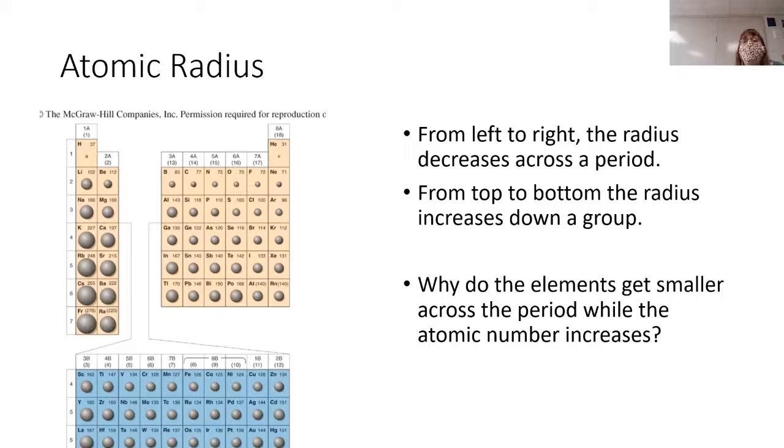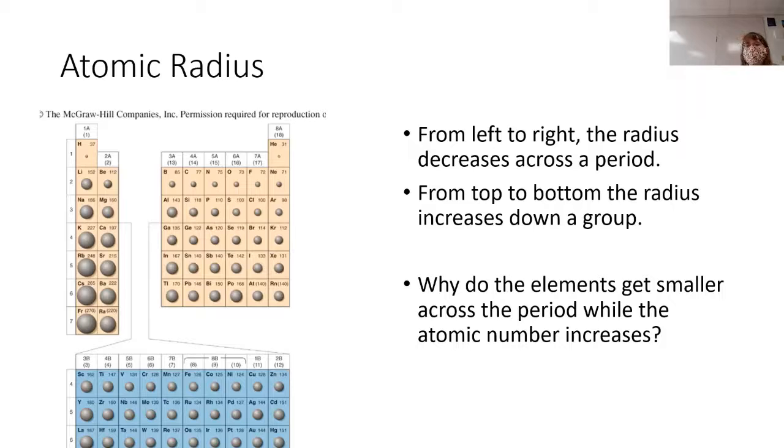But before we get to that, why do the elements get smaller across the periodic table? Because of the shielding, it pulls it into the nucleus. So shielding is important with size, but before we get to shielding, it's because the nucleus has a more positive charge.